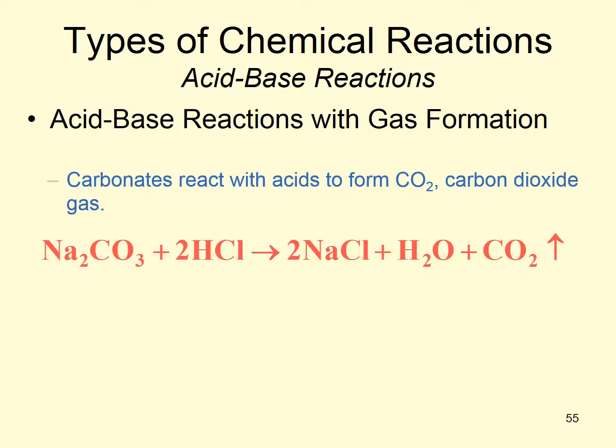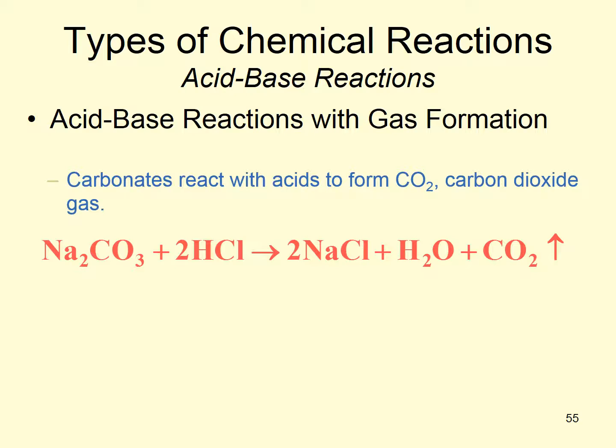So you can see here the Na2CO3, which is a carbonate and acts as a base, reacts with 2 HCl. When we swap them, we see the Na and the Cl go together, and there's 2 of them to balance it. The other compound would be H2CO3. The H goes with the CO3, so H2CO3, which is carbonic acid.